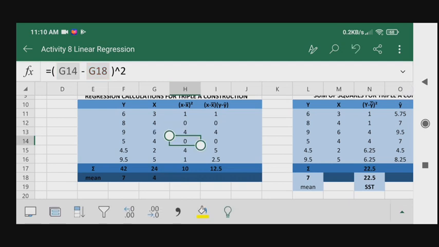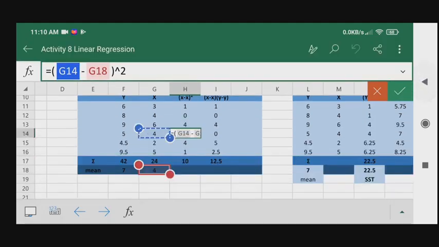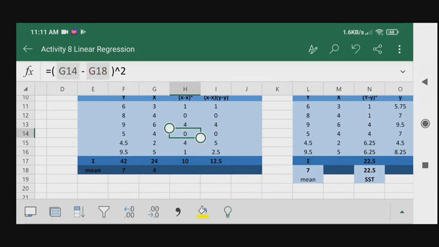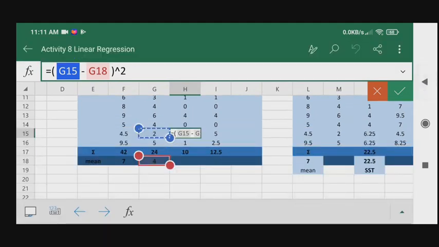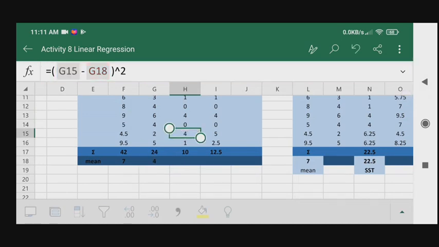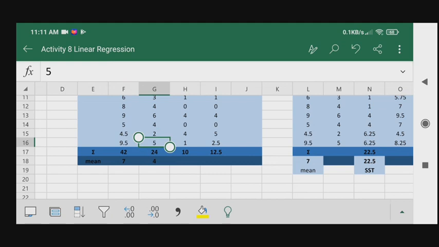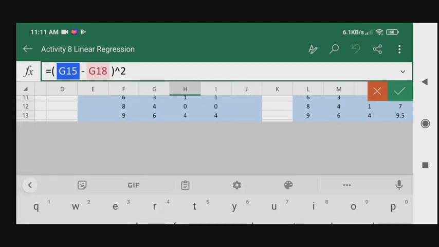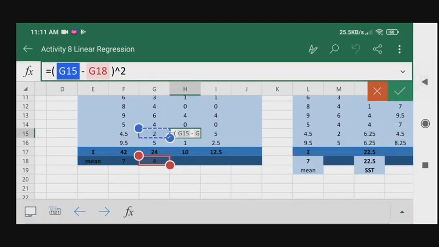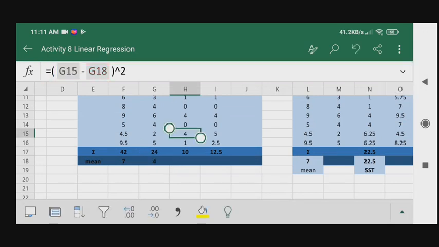Next, G14 minus G18 squared equals 0. Next, G15 minus G18 squared equals 4.